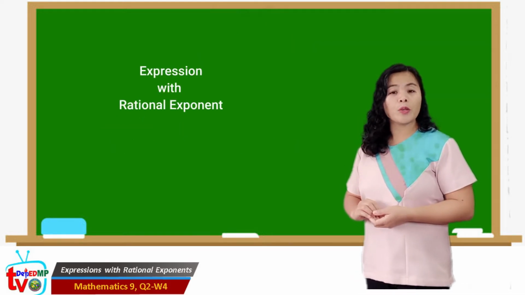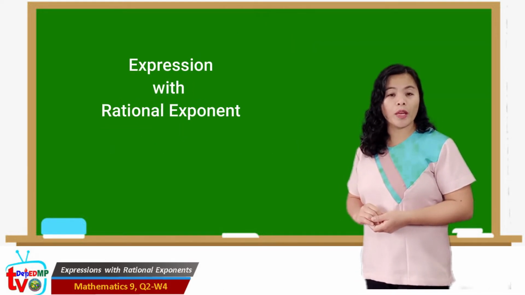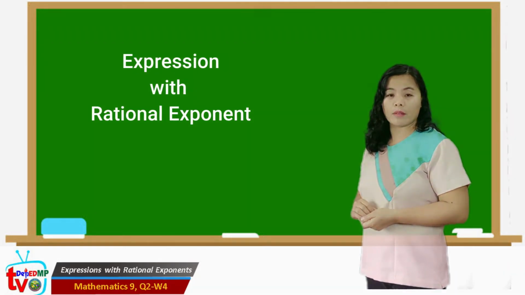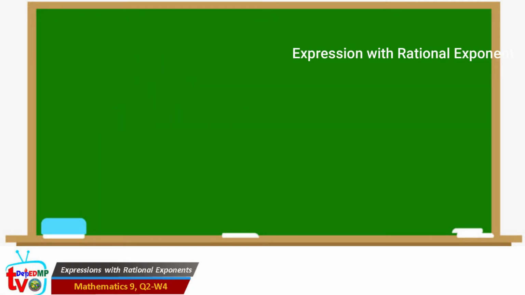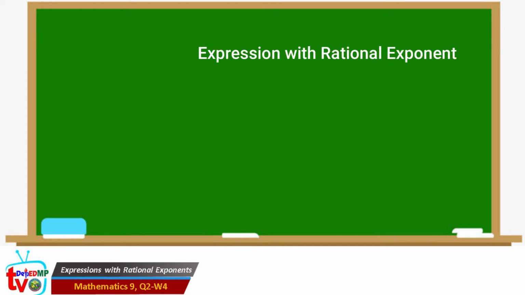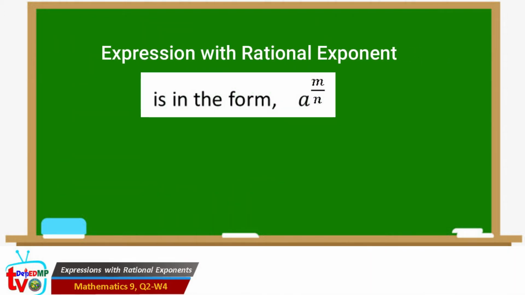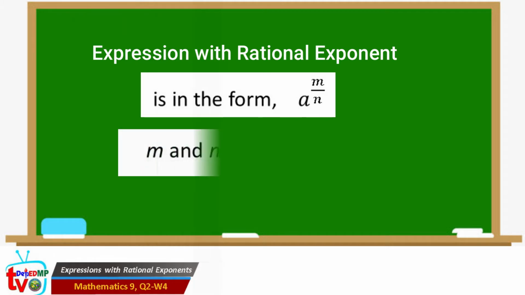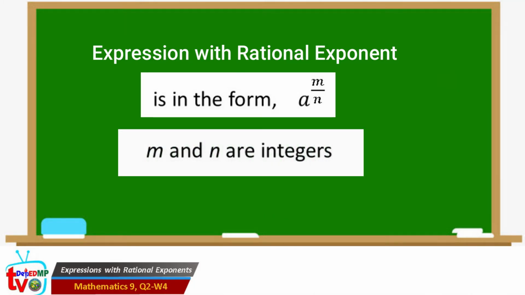So, how do you describe an expression with rational exponent? It is an expression in the form a raised to m over n, where both m and n are integers. M is an integer other than 0, meaning m will never be equal to 0 and n is greater than or equal to 2.